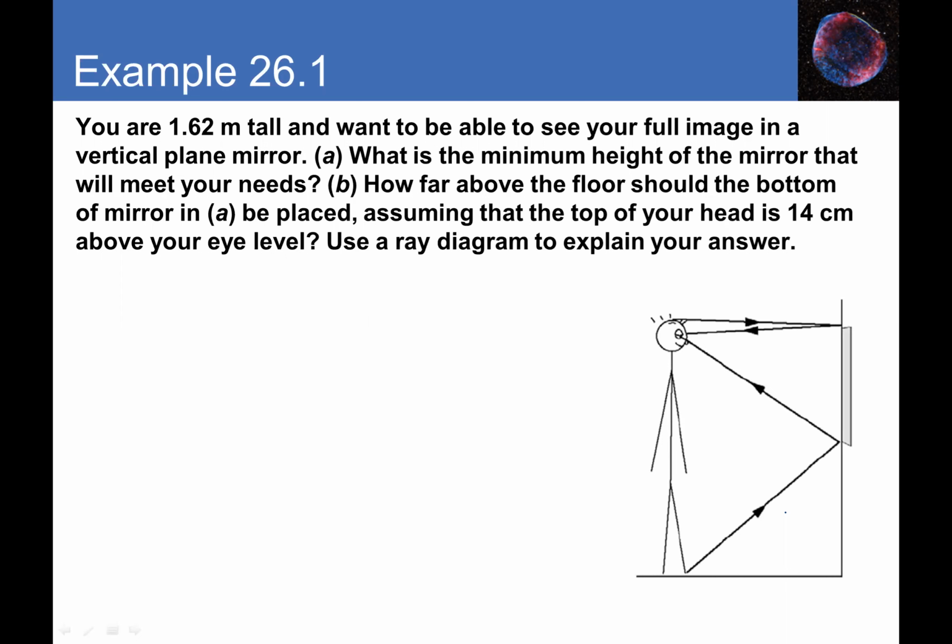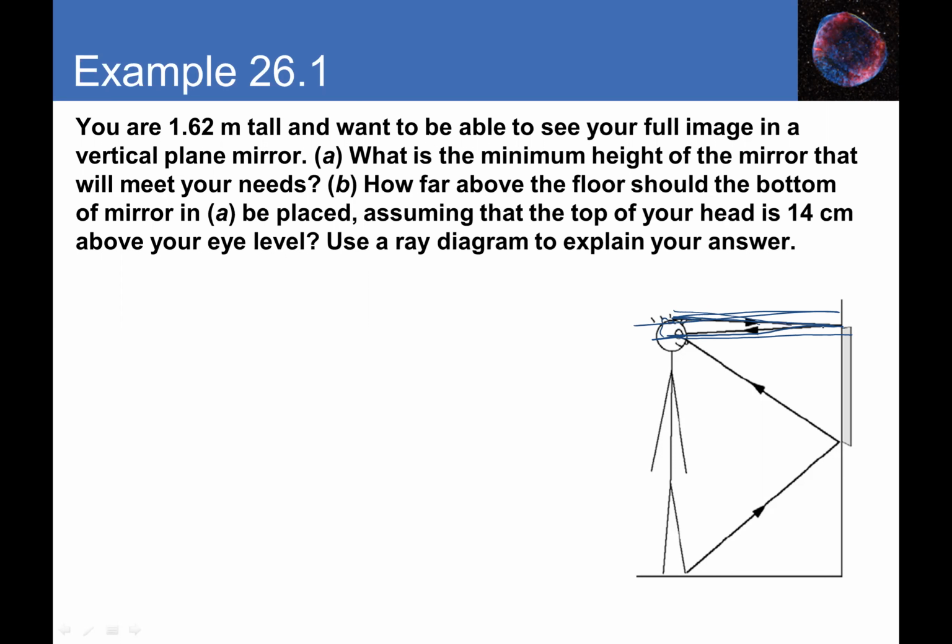So the mirror doesn't have to be the entire 1.62 meters tall, because the ray diagram tells you that, let's say these are your eyes, you can see the top of your head in the mirror, because the ray goes like this, hits the surface and comes back. That means the distance from your eye level to the top of the mirror can be half of the distance between your eyes and the top of your head, because it doesn't go straight and come back.